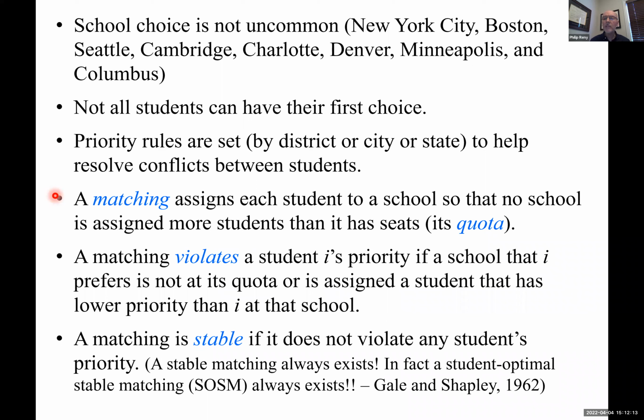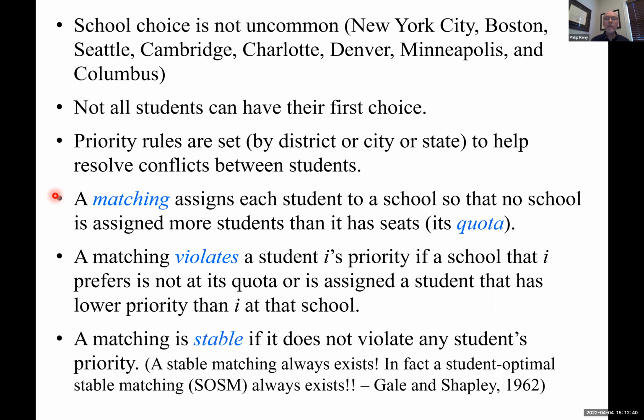So there are two ways for a student's priority to be violated at a matching. If there's a school that I prefer that has an empty seat, my priority is violated. And if there is a school that I prefer at which is sitting a student who has lower priority than me at that school, then my priority is violated at that school.